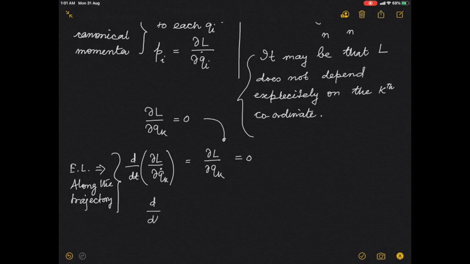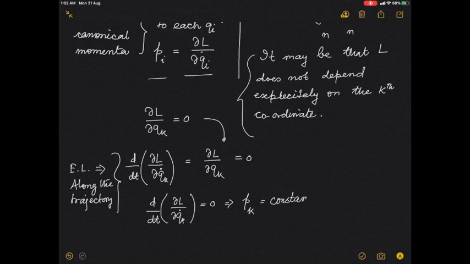Which means that d/dt of ∂L/∂qk dot is 0. ∂L/∂qk dot is nothing but pk, so this implies pk is a constant of motion, constant along the trajectory.